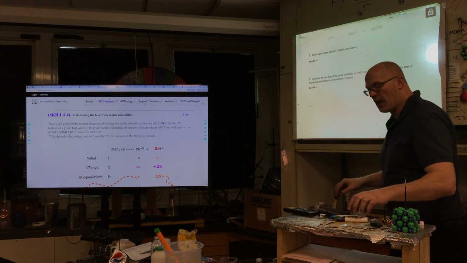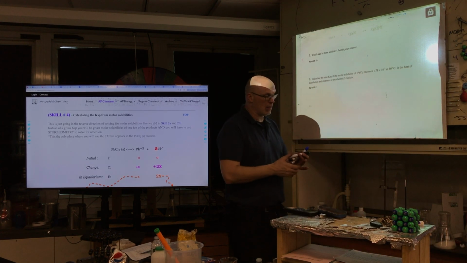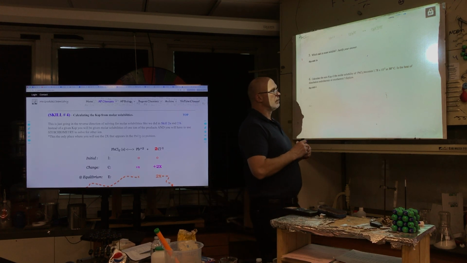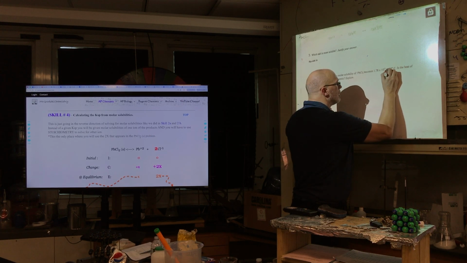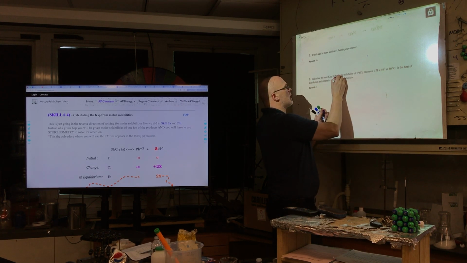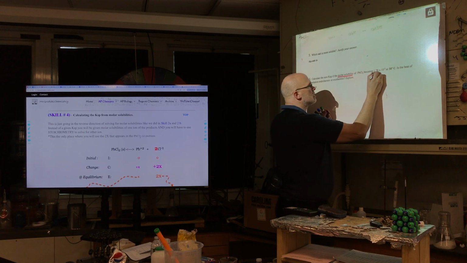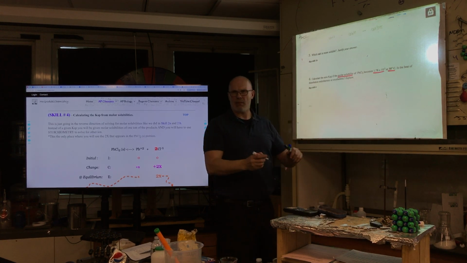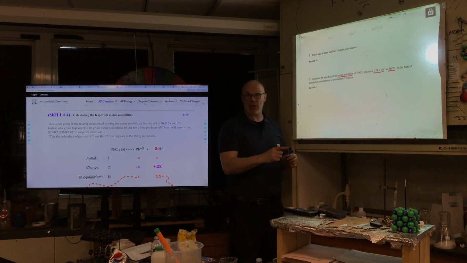Now they're saying, and they won't come out and say it, but subtly, calculate the new Ksp for the molar solubility of lead chloride, when the molar solubility now is this. Notice at 30, everything we just did in the previous problem was at 25. We just changed the temperature.